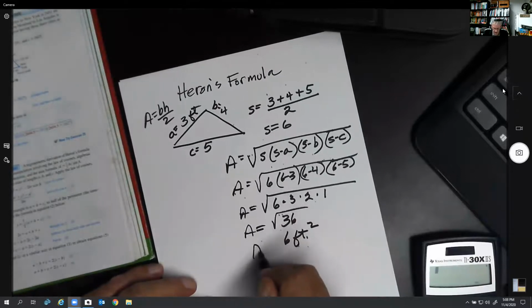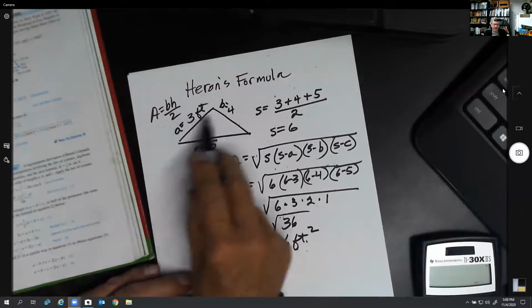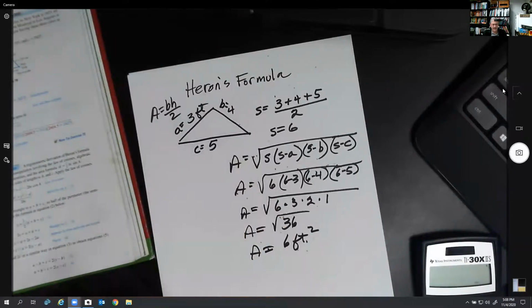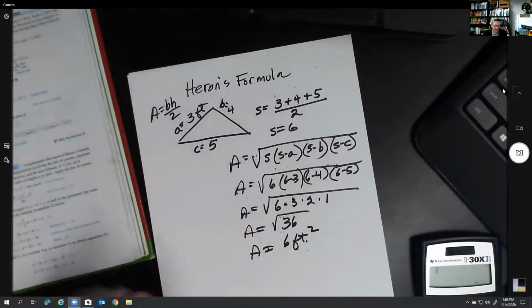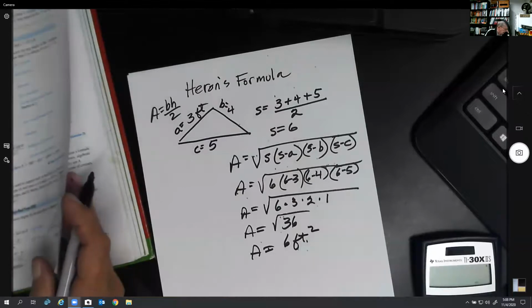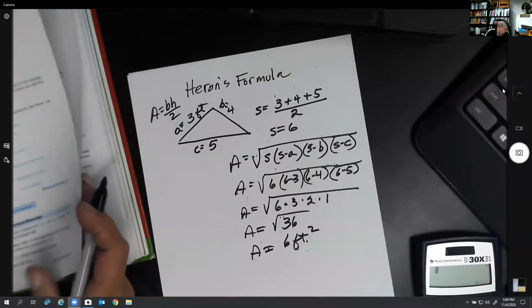Before I saw this, I always wondered, how do you find the area if you just have the sides? We could use law of cosines and find an angle and then maybe get into the other formula we had last time, which to me is a little bit harder one to remember.